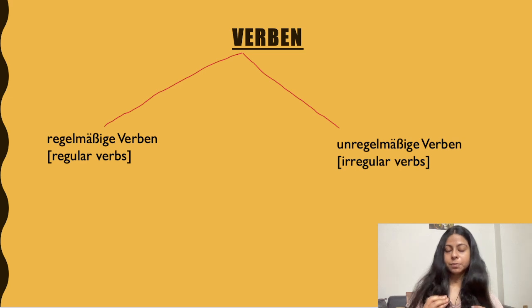Regular verbs, which we also say regelmäßige Verben, and irregular verbs, we say unregelmäßige Verben. So apart from the rules that we have discussed so far, we will also come across two types of verbs in German: regular verbs, regelmäßige Verben, and irregular verbs, unregelmäßige Verben. So knowing this is very important.